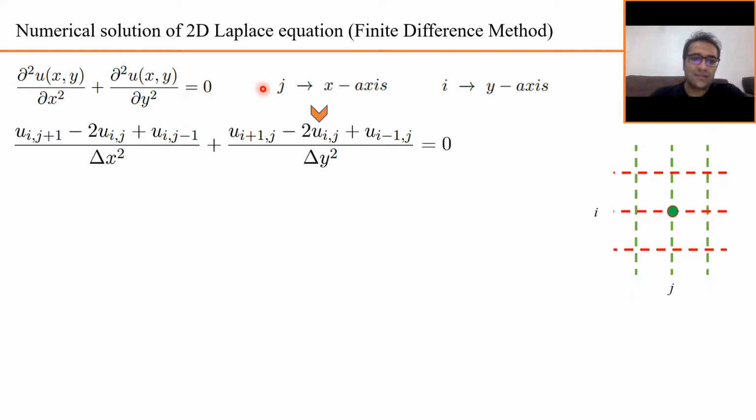And again, the derivative with respect to i should be calculated as 2 times the value of the function at some point ij plus the value of the function at some constant j, because here j represents the x-axis and the derivative is with respect to the y.